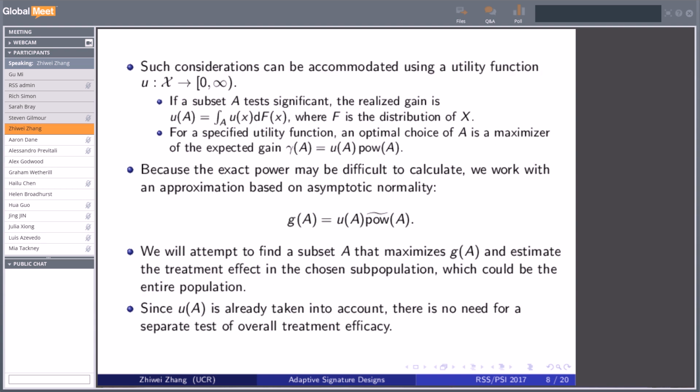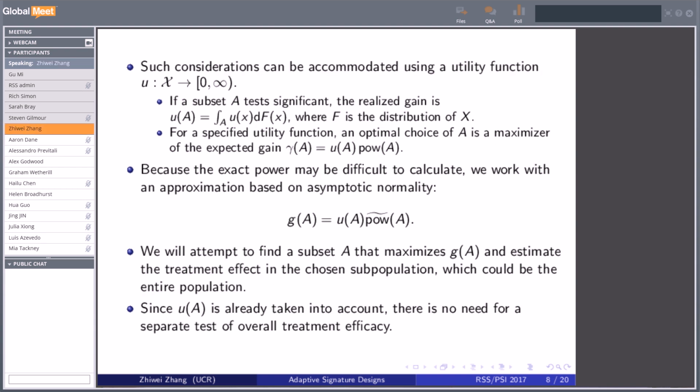For example, if the outcome is binary, then the exact power is a binomial tail probability, and the approximate power is a normal tail probability, which is easier to calculate. So our goal here is to find a subset A that maximizes G of A and estimate the treatment effect for the chosen subset.